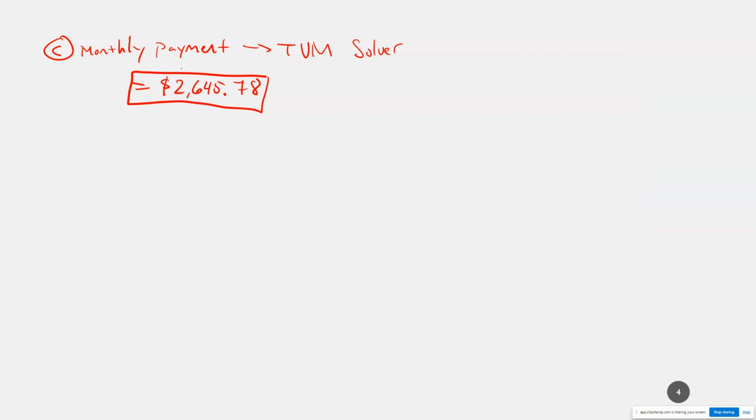So this is just our monthly payment. Now D, what we want to figure out is how much over 30 years we're going to pay in interest on this loan. Well, the interest is going to be equal to the total payments minus the loan amount.